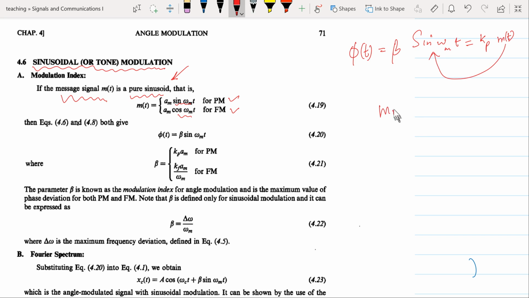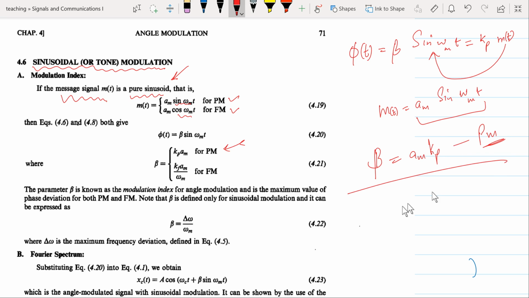Therefore, our message signal can be A_m sine omega m t. Therefore, when you replace this in this equation, we end up with beta being equivalent to A_m times k_p, for PM or phase modulation.